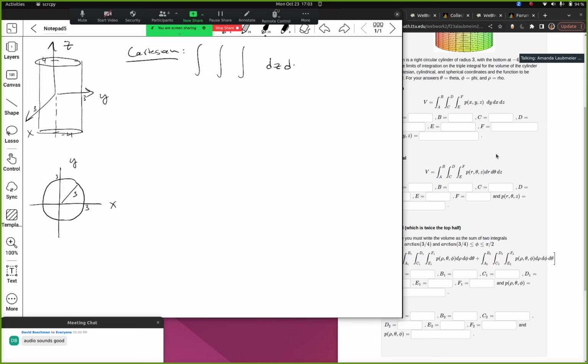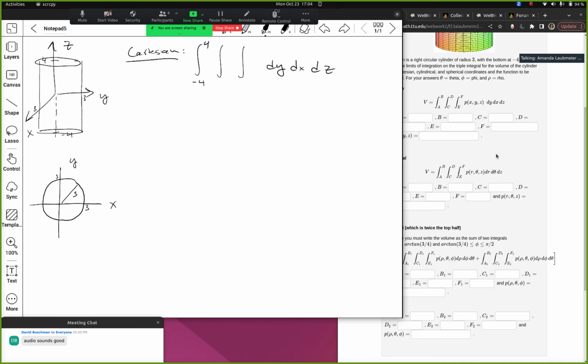Oops, they want to do it in that order. Fine. So Cartesian is in order dy, dx, dz. And then we can just start filling in coordinates as they're easiest for us. So they told us that z is between -4 and 4, so I can go ahead and do that right away.